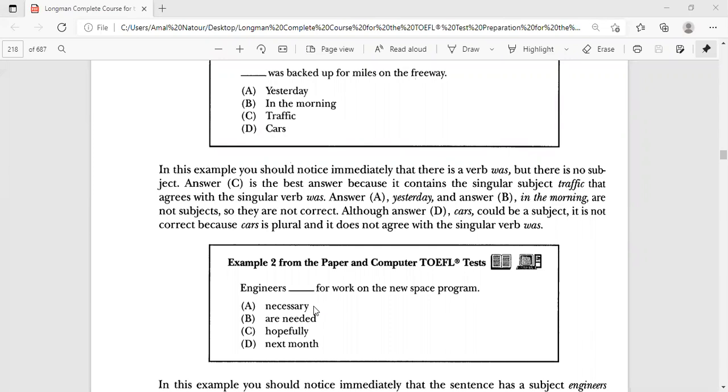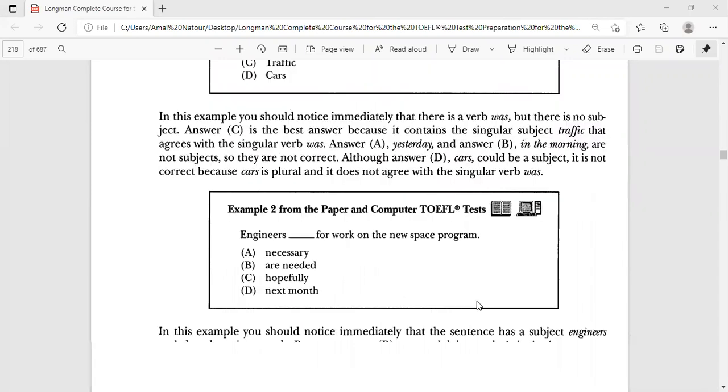No. Which one of these four choices plays the role of a verb? أي واحد من هدول بيلعب بدور الفعل؟ Necessary, ضروري. Hopefully, يعني متمنيا ذلك. Next month, ظرف زمان. ولكن وين الفعل؟ The verb is are needed. So the sentence is: engineers are needed for work on the new space program.